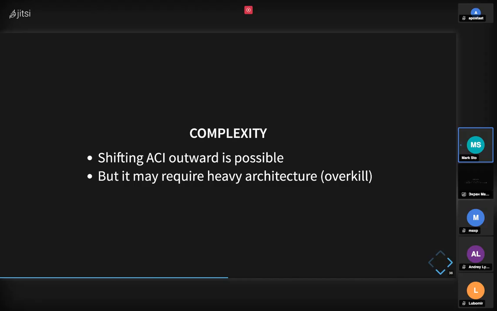So, what forces can shift us away from using a source of truth for our concurrent writes? Well, complexity. There are situations when shifting these guarantees outward is technically possible, but it requires heavy architecture, and this is disproportionate to the problem we have.